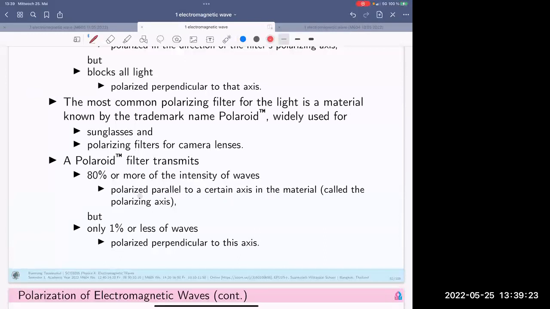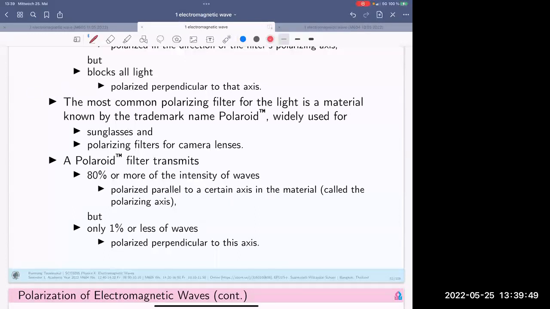the filter will allow not 100%, only 80% of the intensity of the wave that is parallel to the axis of the filter, and cannot completely obstruct the wave that is perpendicular to the filter axis, or polarizing filter axis.